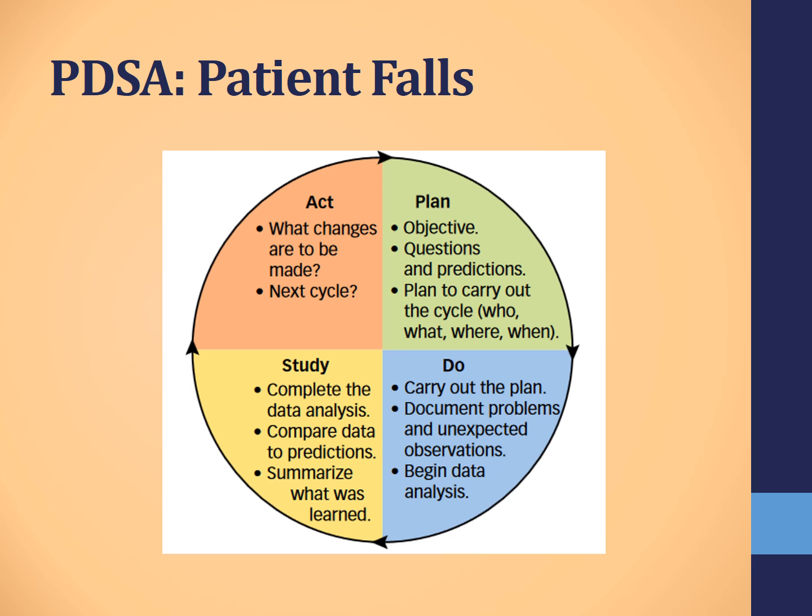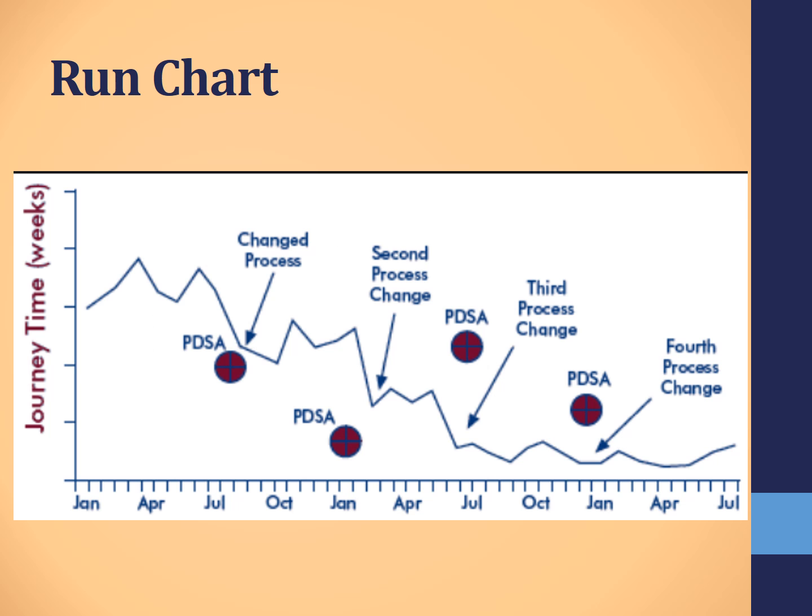For example, if rounding didn't seem to have an impact at all, would we continue rounding for additional cycles with some modifications, or would we introduce another intervention, for example, bed alarms at the bedside? So this gives a very high level of how implementing the PDSA cycle in a setting has had some benefit.